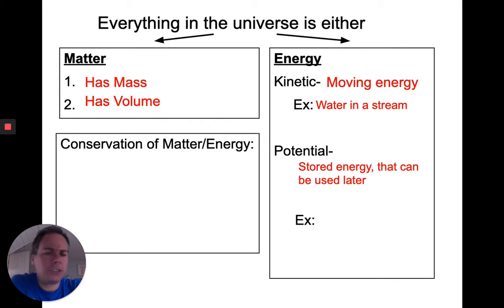And potential energy can take different forms. You could have potential energy in the form of water that's being held behind a dam. That water behind the dam has the potential to do a great amount of work. If you allow that water to move through the dam, that stored energy is transformed into kinetic energy, which can then be used to do work, to generate electricity or to power a mill or something like that.